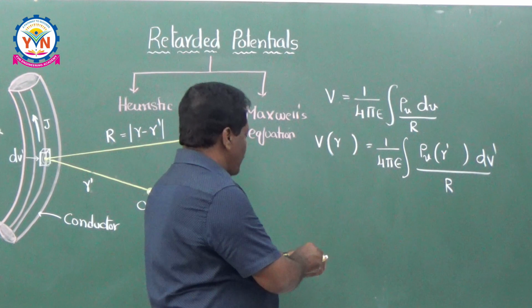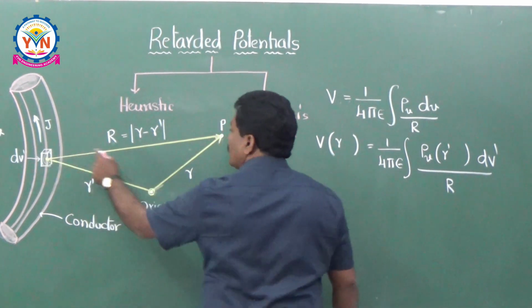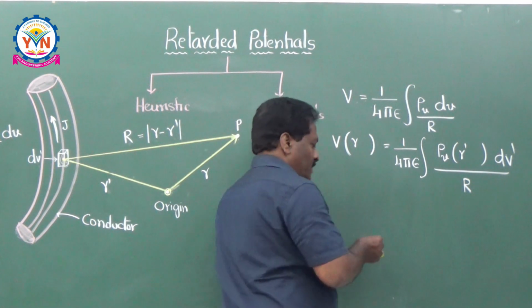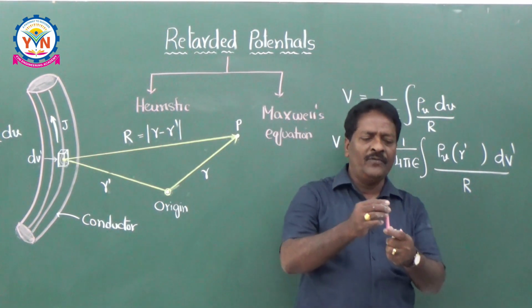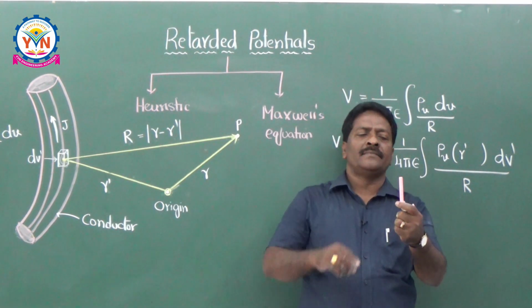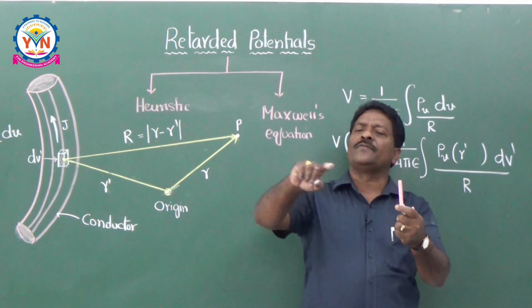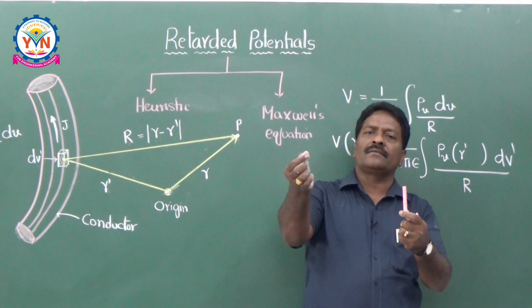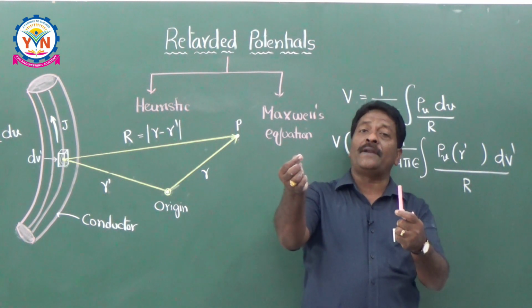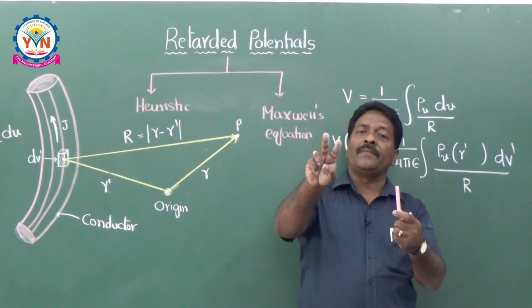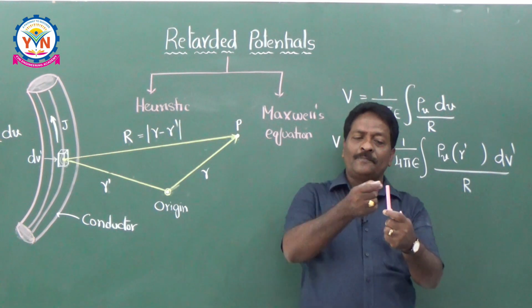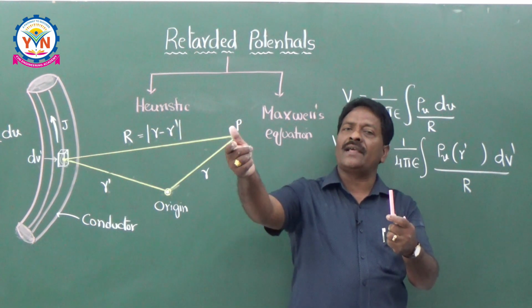But remember friends, it is a potential which varies with the distance as well as the time. For example, if this is an antenna, and it is radiating something into free space like this, the magnitude of this electromagnetic wave depends on two parameters: the time as well as the distance. It changes with respect to distance, as well as with respect to time.